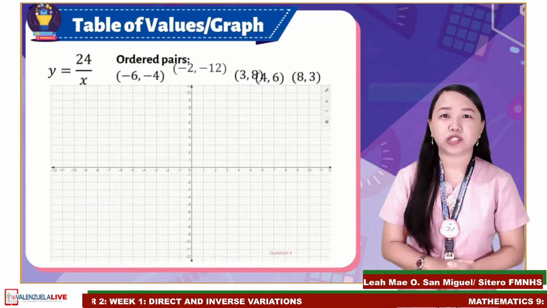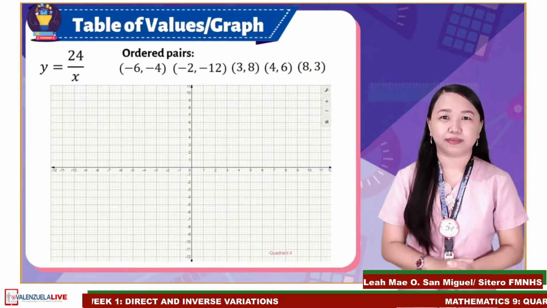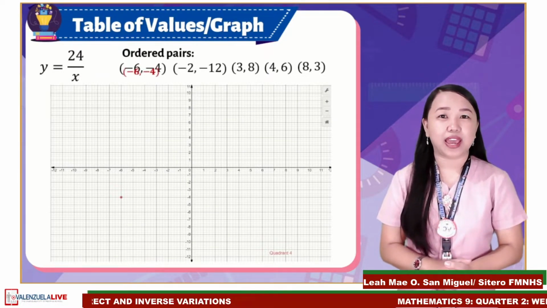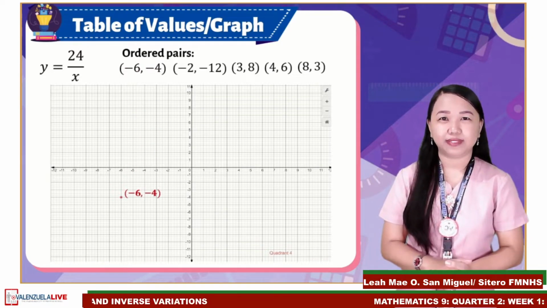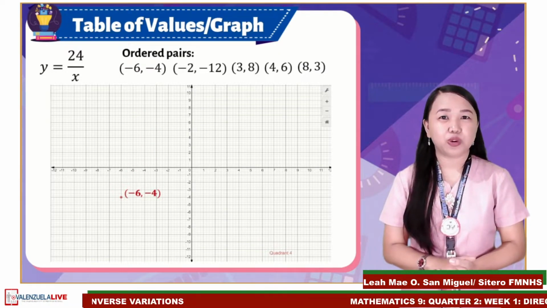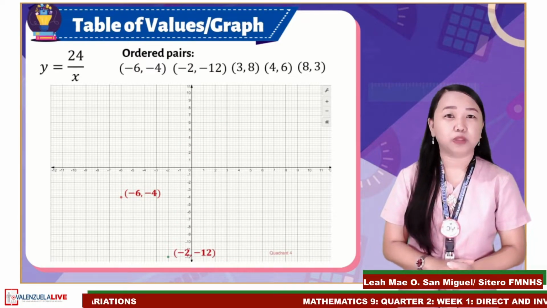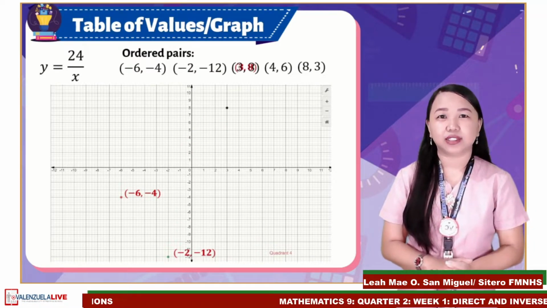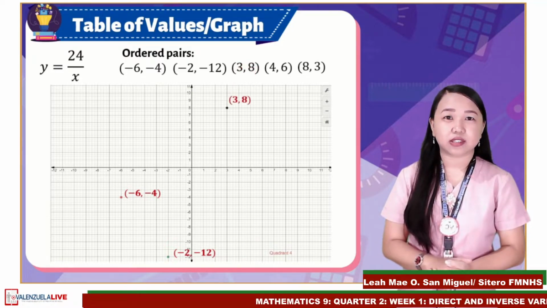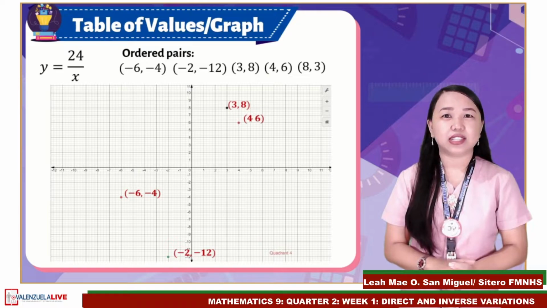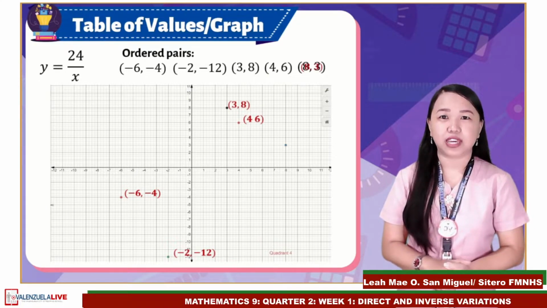Plot the points on the Cartesian plane. We have (-6, -4), (-2, -12), followed by (3, 8), next (4, 6), and lastly (8, 3).